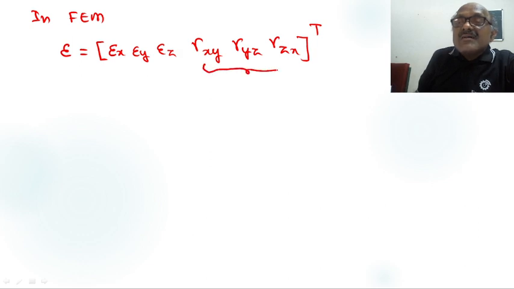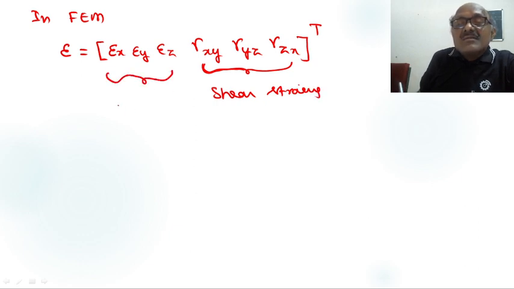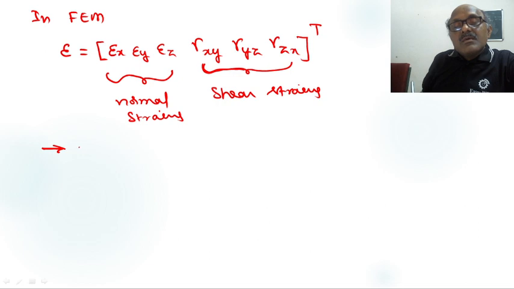These three strains are shear strains. These three strains are normal strains. Okay, my dear students. But in our case, the strain in z direction is 0.